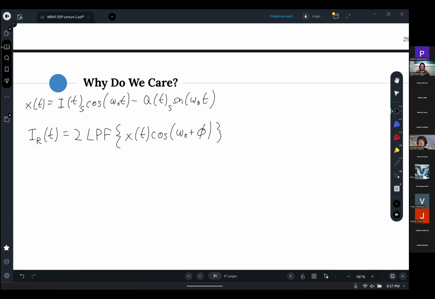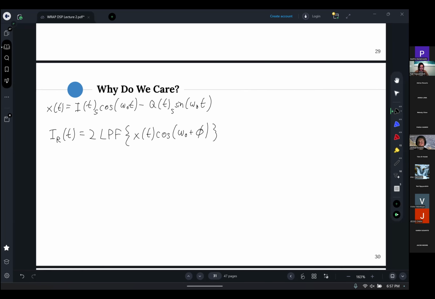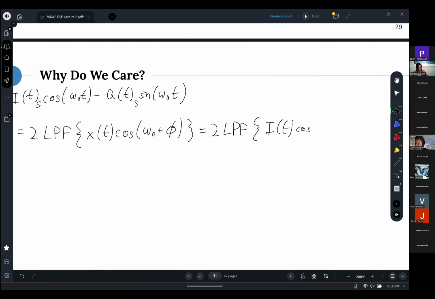So the phase offset here is just represented by phi, and then if we expand this out, we get I of t cosine omega t, times cosine of omega naught t plus phi, minus q of t sine omega t times cosine of omega naught t plus phi.